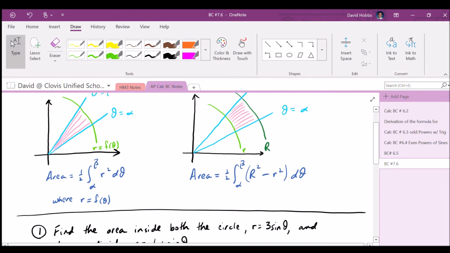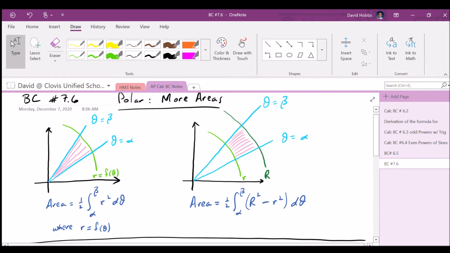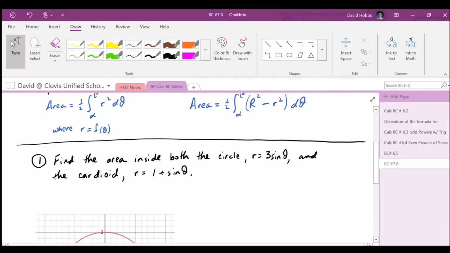Now that we have a couple different situations, we need to assess the situation and see what's going on. So problem number 1: find the area inside both the circle, so remember, one petal roses are circles, r equals 3 sine theta, and the cardioid r equals 1 plus sine theta.